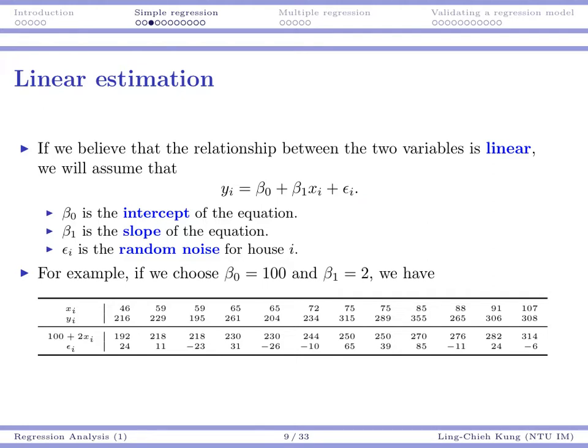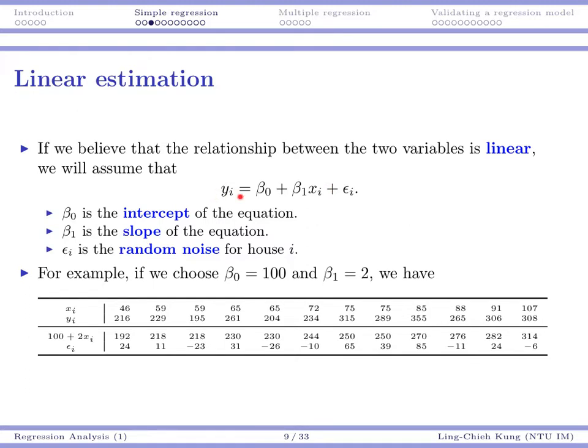What's that? For every xi and yi pair, they are related with this linear equation. yi is a constant beta 0 plus xi times another constant beta 1, and then there is a random noise epsilon i.